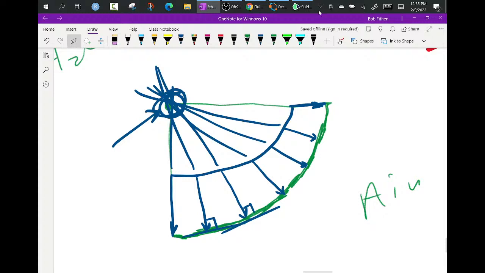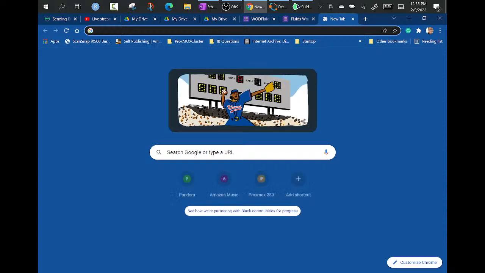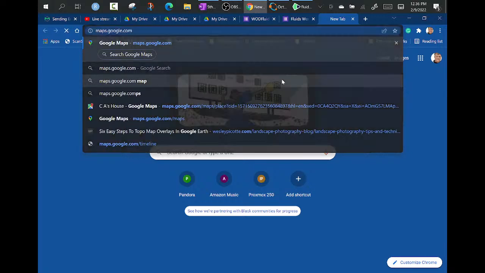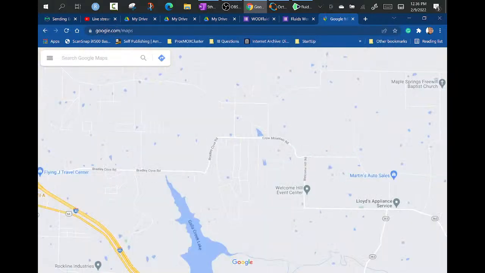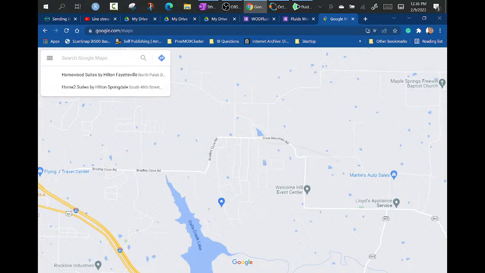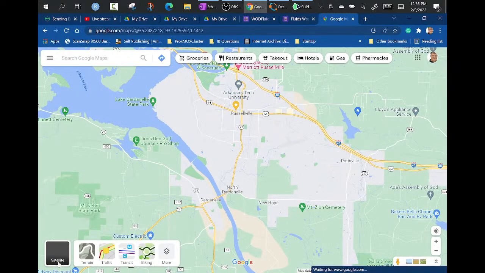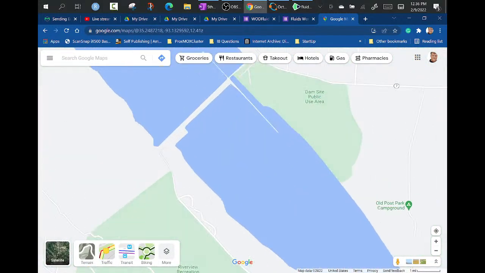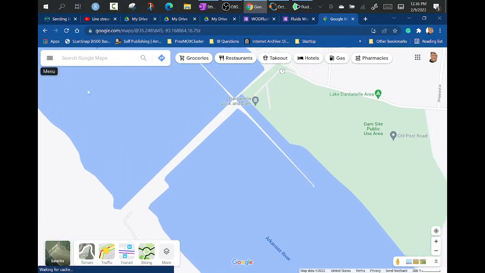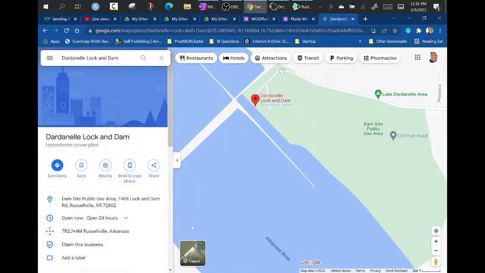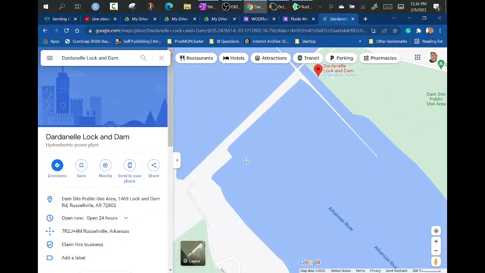This is why, if you go to Lake Darnell, I don't know if I have any pictures there. I might be able to get some. Let's see. I believe the spillway's right here. Okay.